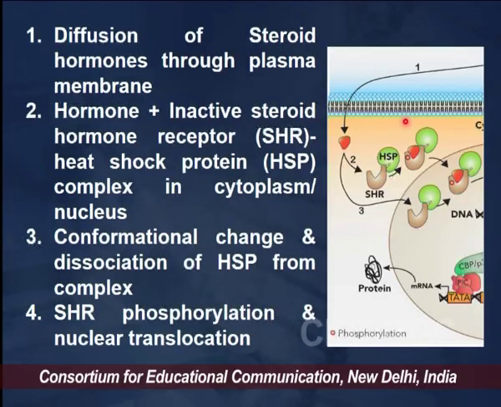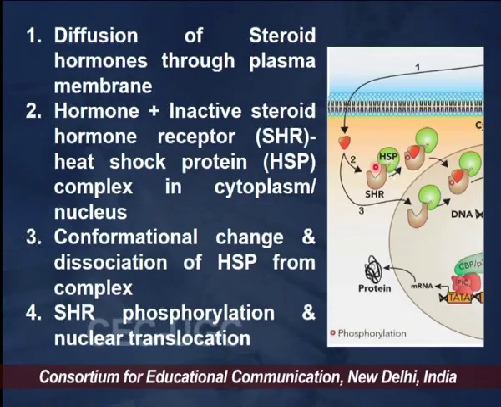Let me explain in a bit more detail. Whenever there is diffusion of steroid hormone through the plasma membrane, it will go and bind to the receptor. Now you see that this receptor, labeled as steroid hormone receptor, SHR, remains bound with the heat shock protein, HSP, until the hormone comes.